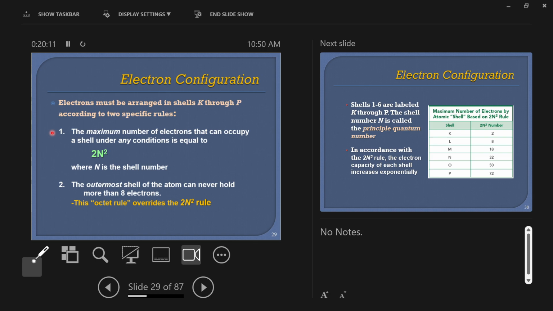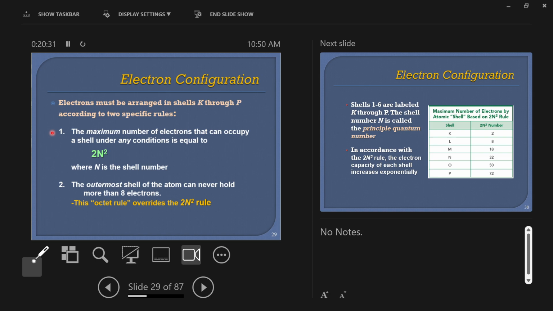Then we need to learn the next rule. The outermost shell, whatever shell number that is, in this case it's number 2. But you saw barium, right? Barium had a bunch of shells. Whatever the outermost shell is, it's going to follow a rule called the octet rule. This is the important one.